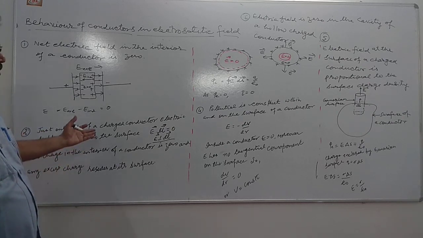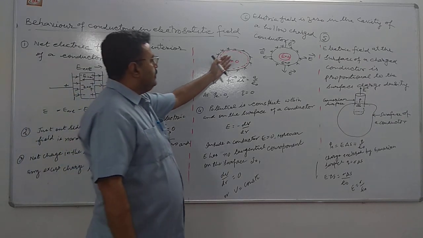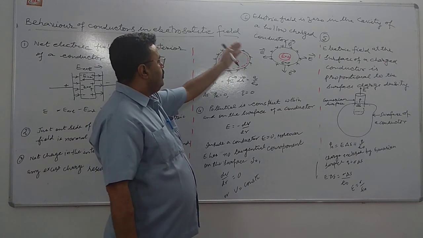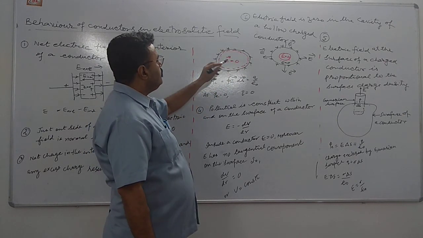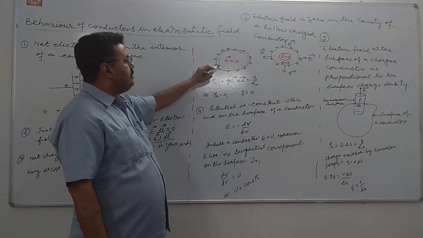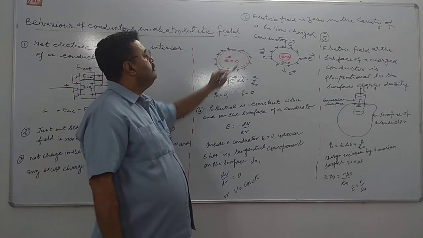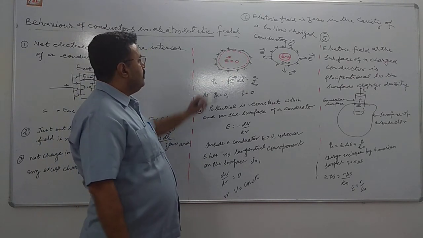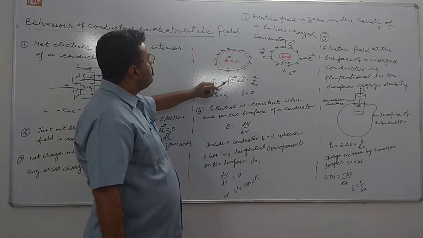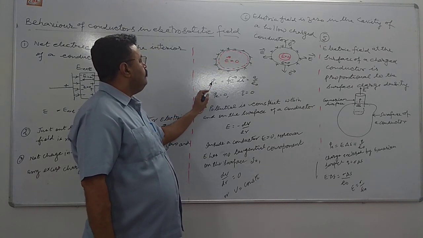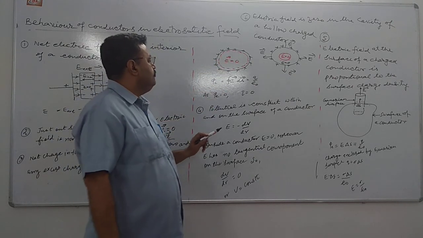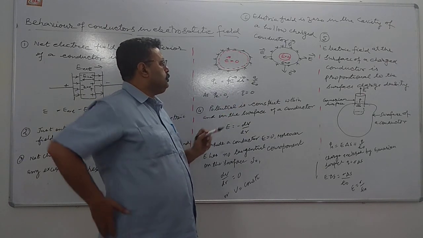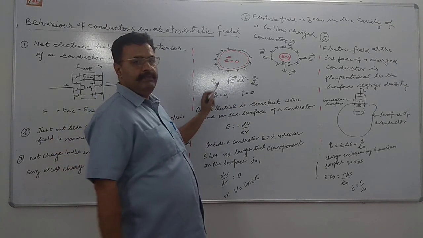Suppose this is a conductor, and the whole charge resides on its surface. If we consider a Gaussian surface just inside the outer surface of the conductor, then from Gauss theorem, electric flux, E dot ds, equals Q upon epsilon naught.